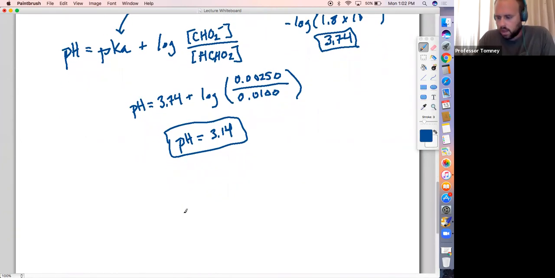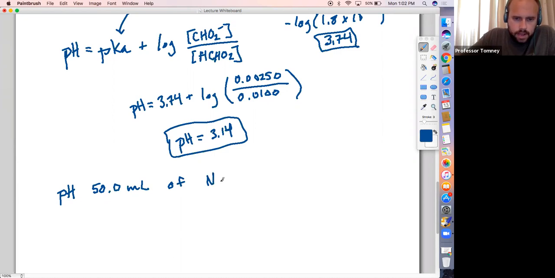All right. Now, we're starting to approach the 105 mark. So I want you to think about this, but we're going to go over the math for this part tomorrow. So what happens when we are at equivalence point? The question is, what's the pH when 50 milliliters of NaOH has been added?